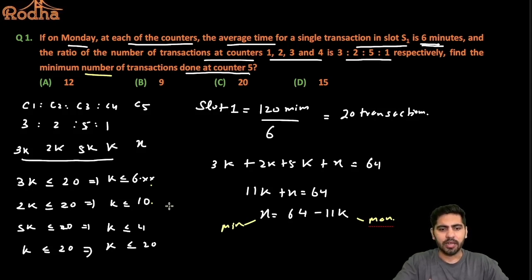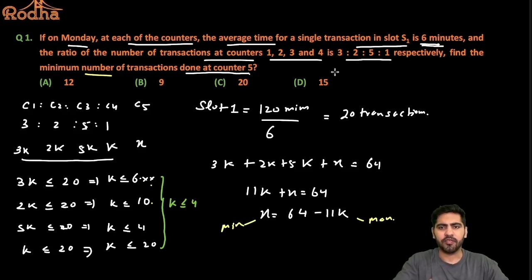Can I take the value of K as less than or equal to 4? Understand here, from all these inequalities, any value of K should satisfy all the inequalities. So if I look at the 4 inequalities and the common solution, my K should be less than or equal to 4. Why? Because the value of K, whatever I take, should satisfy all these inequalities.